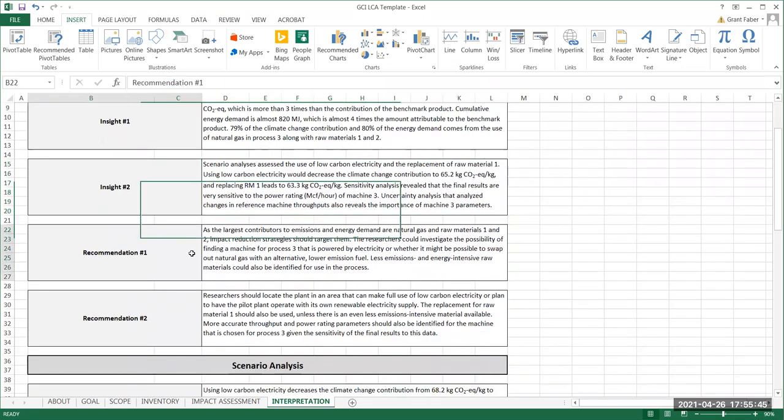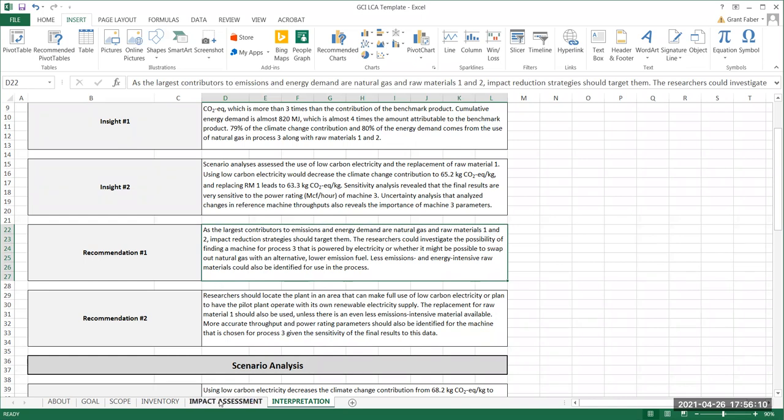We have a section here for recommendations as well. You may or may not want to include these depending on the goal of your study. Here they're a bit normative, and we're essentially trying to make recommendations to, say, the user of the study on how to reduce the environmental impact, which in this case is represented by climate change and cumulative energy demand.